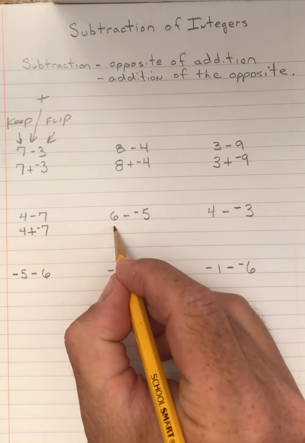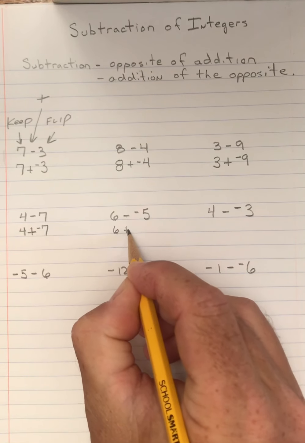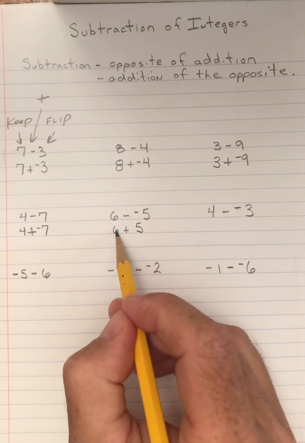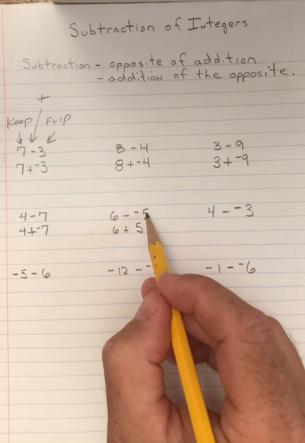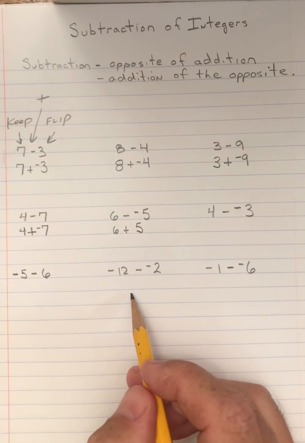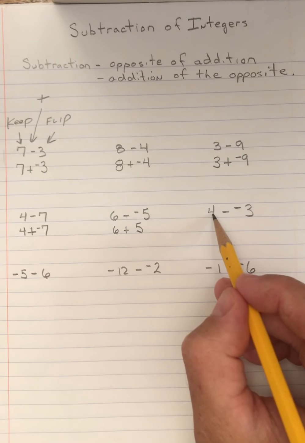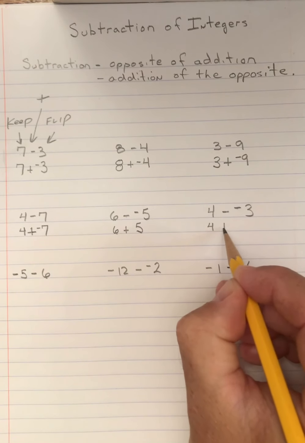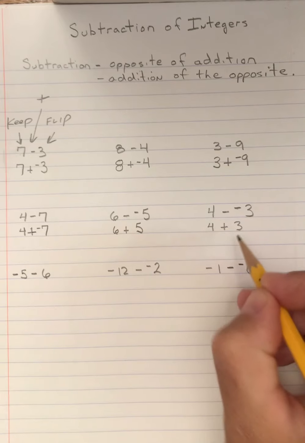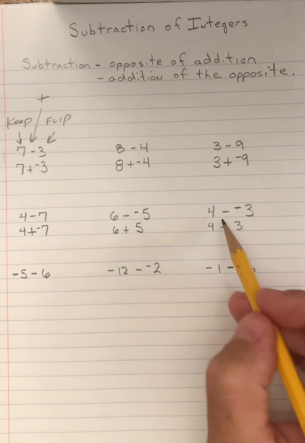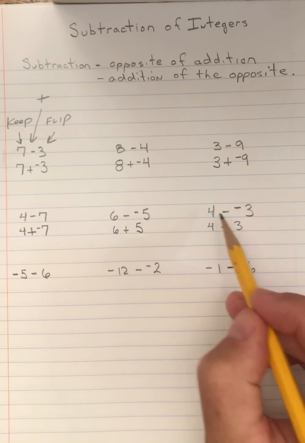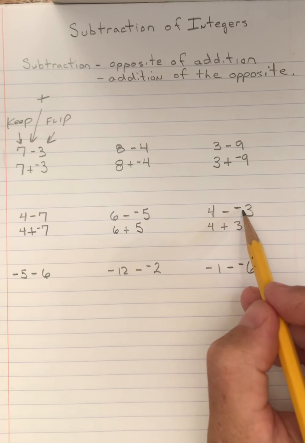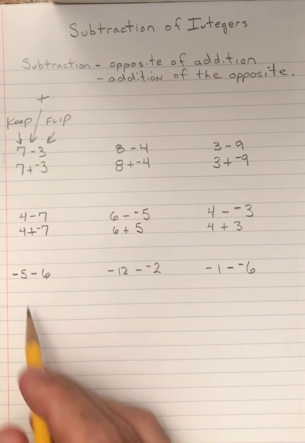Changes to the addition problem, 6 plus +5. So I kept the 6, changed it to addition, and changed the negative to a positive. 4 minus -3 is the same as 4 plus +3. I kept the first number, changed the subtraction, and changed the negative to a positive.